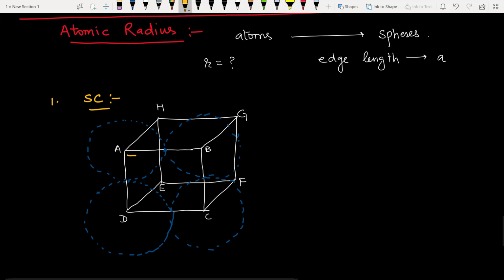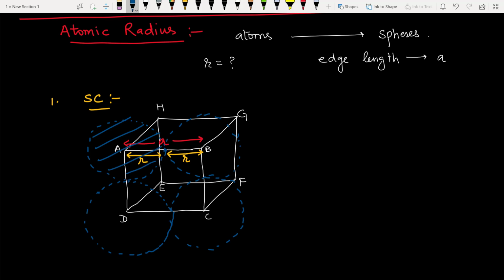If we mark R as the radius of the sphere, all the spheres, all the atoms are identical. Side of the cube, edge as a. These blue color spheres are atoms present at four corners of A, B, C, D face.